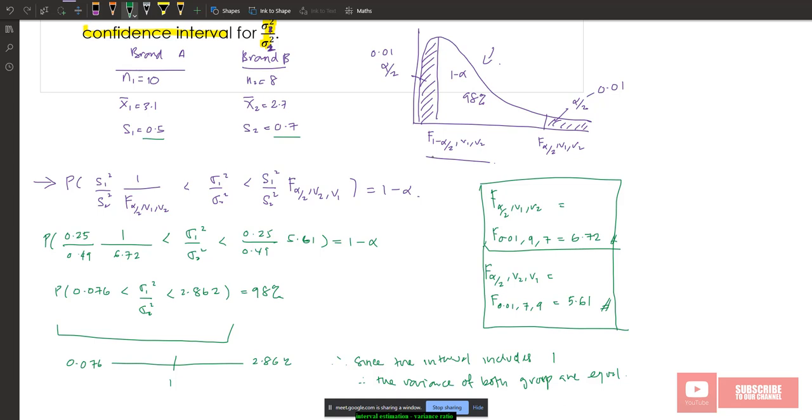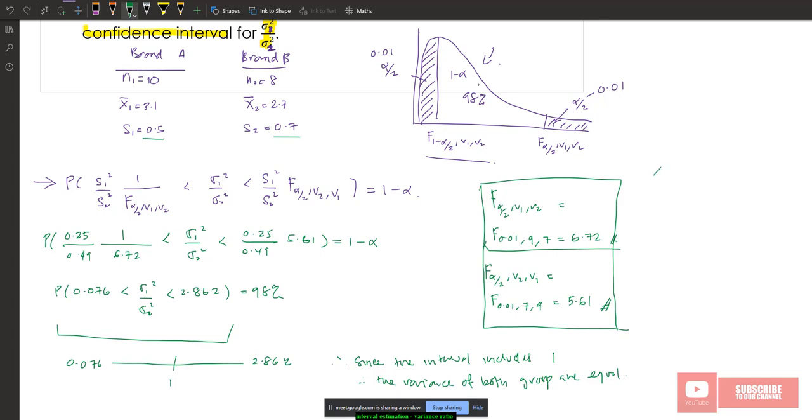If you look at your statistical table, I think table number 9, we don't have alpha more than 0.05. We only have alpha 0.05, 0.025, 0.01, 0.001 in the statistical table. So we don't have the value of 1 minus alpha, right?